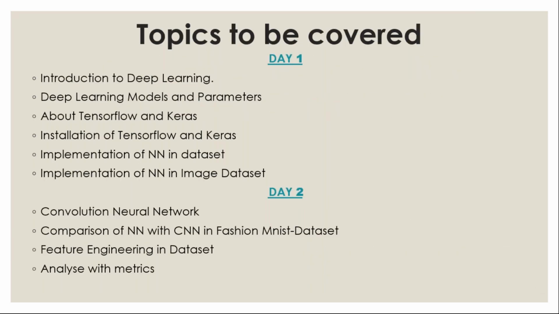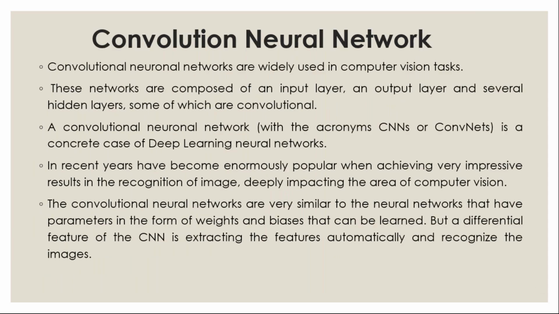Today's topic is CNN. See here. Actually, why CNN? Till now we have discussed only shallow learning, that is the traditional learning model. Actually, it is not deep learning. Now only we are entering deep learning, right?